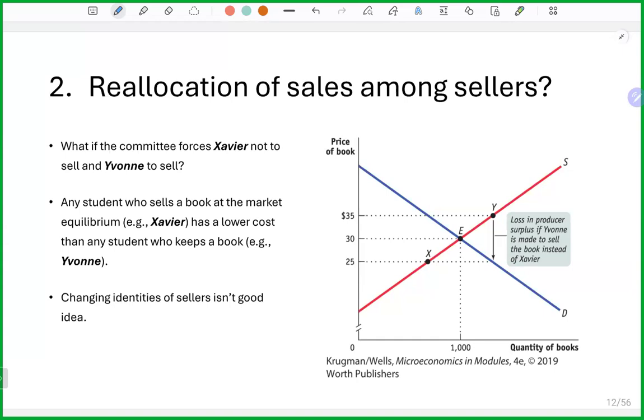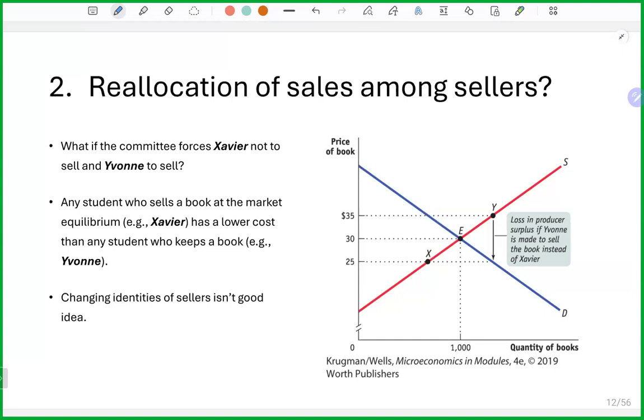The cost of selling the book is $35 for Ivan. So society increases the cost by $35, but Xavier doesn't sell the book. We save $25. We save $25 and we give up $35. So the net increase in the cost is $10, right?